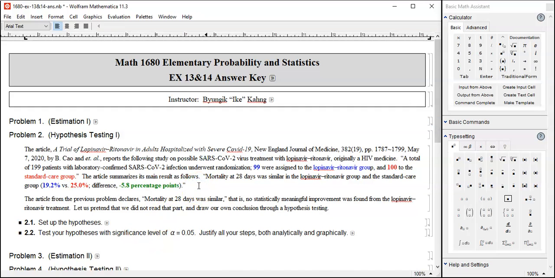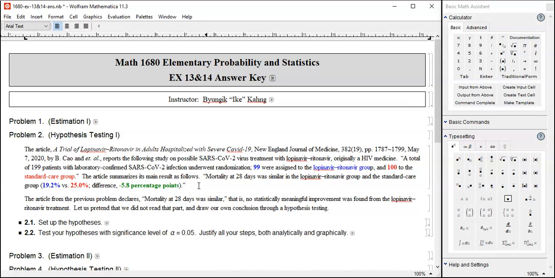We've done it before, but let's go through this again briefly. All right, here we go. The article, a trial of lopinavir/ritonavir in adults hospitalized with severe COVID-19, New England Journal of Medicine, published in May 7, 2020 by B. Kao et al., reports the following study on possible SARS-CoV-2 virus treatment with lopinavir/ritonavir, originally a HIV medicine.